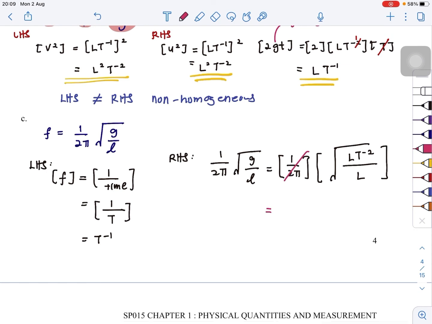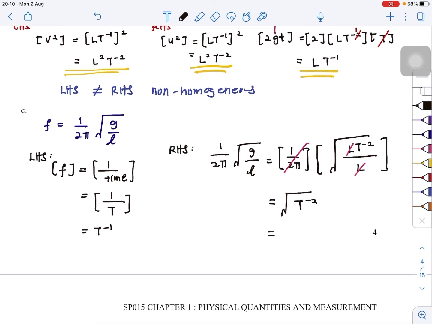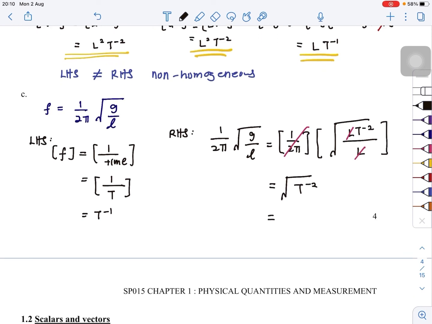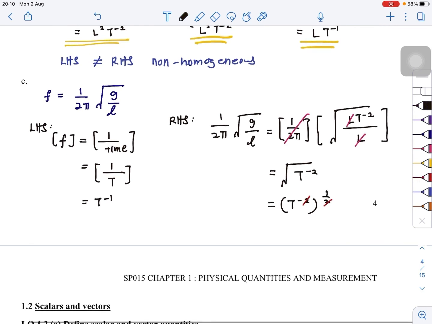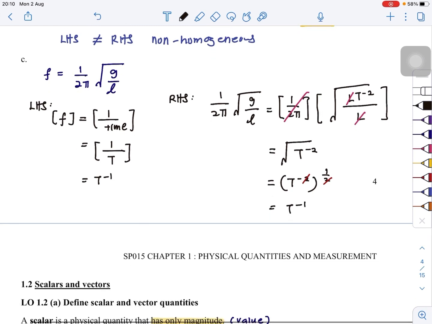So sekarang ni kita ada this one boleh cancel. So yang tinggal hanyalah square root and t square. So how to simplify this one? So basically, okay, not t square, t to the power of -2. Okay, square root ni is basically power dia adalah 1 over 2 kan. So this one you cancel, basically you will get t to the power of -1.